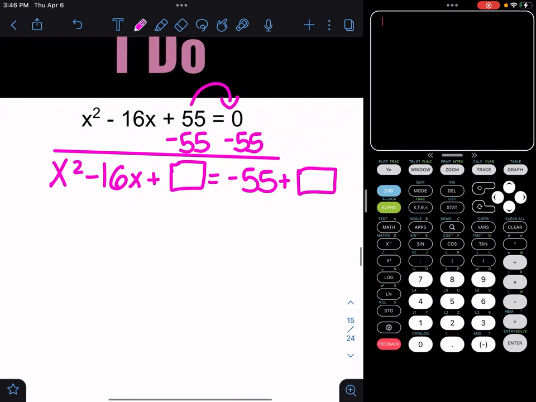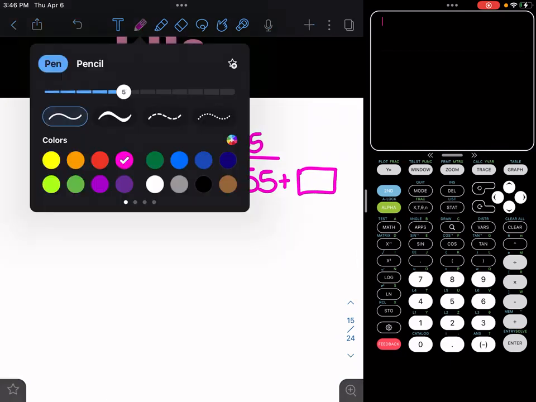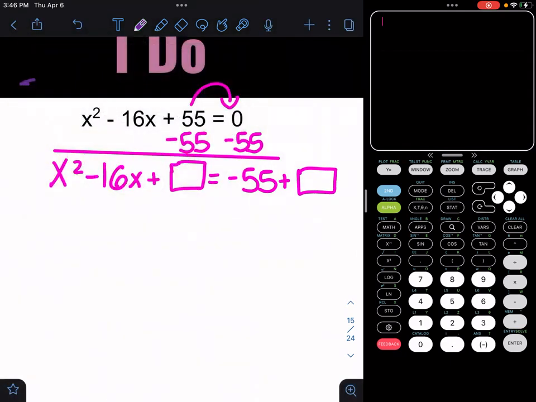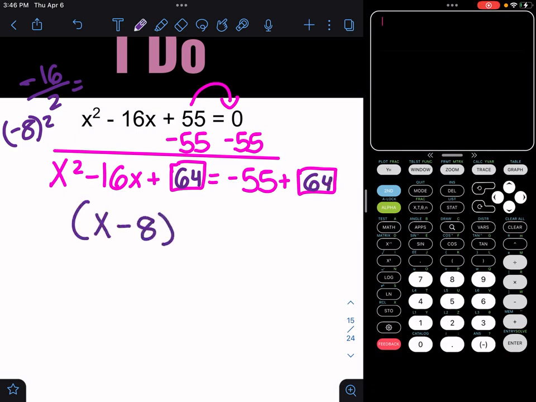Now inside the square we do b. b is negative 16. Negative 16 divided by 2 is negative 8, and negative 8 squared is 64. So then we would get x minus 8 squared equals negative 55 plus 64, which is 9.